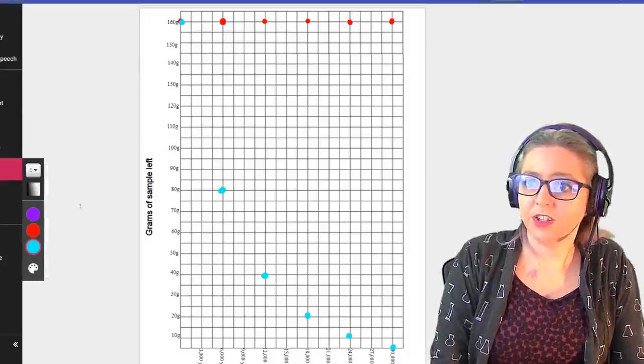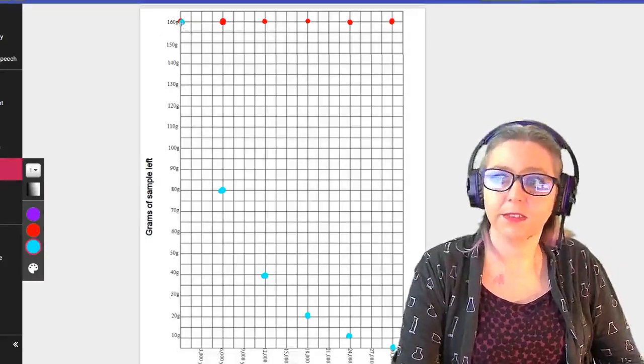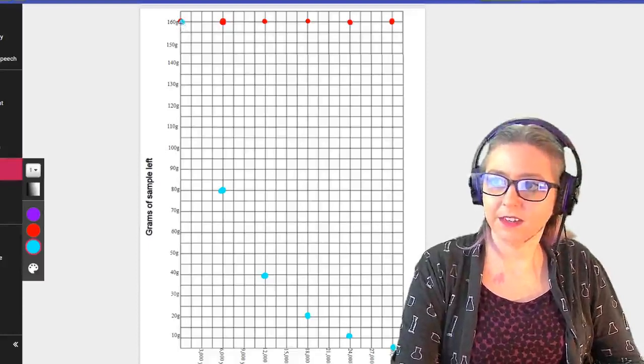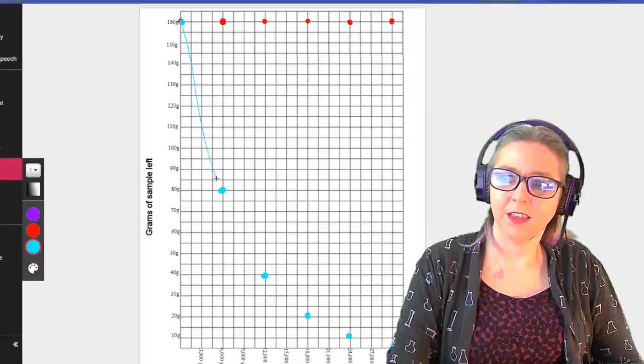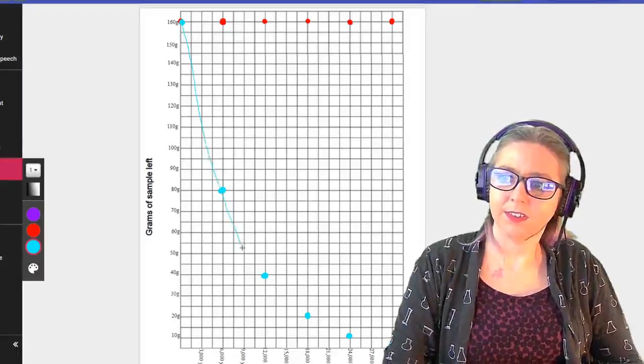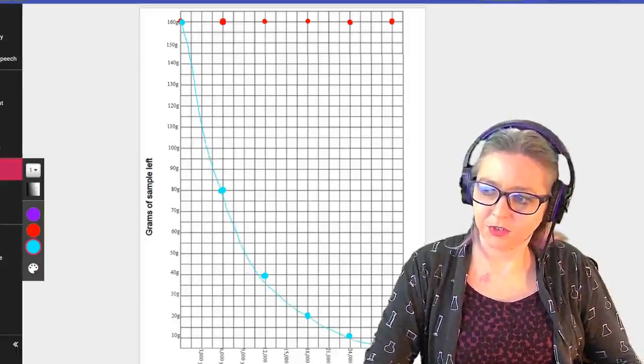Then I encourage you to try and connect the dots to make this a line graph, and bear with me, it's not super easy to annotate online. And notice this is not a linear slope. That's an exponential curve there.